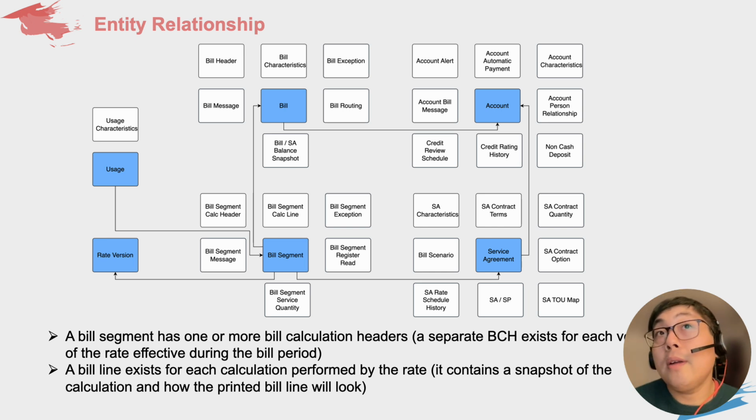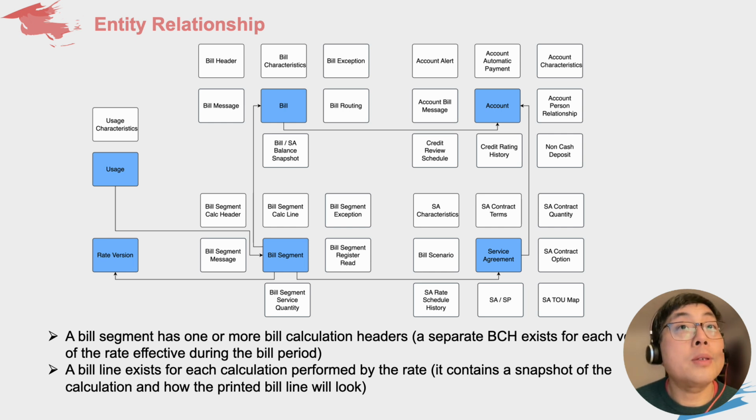So if you have different versions of a rate, it will have different headers in the system. That's the default behavior, which means, for example, if you refresh your rates version every year, that could be one of the reasons to have separate headers.